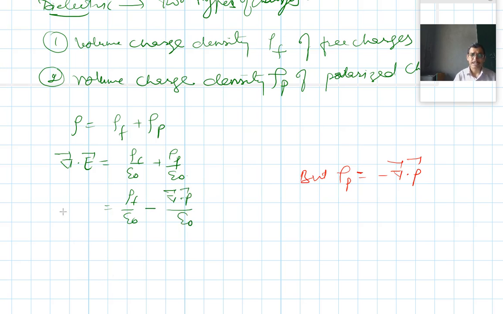Let us rearrange it. It can be rearranged as del dot E plus del dot P over epsilon naught equal to rho f over epsilon naught.